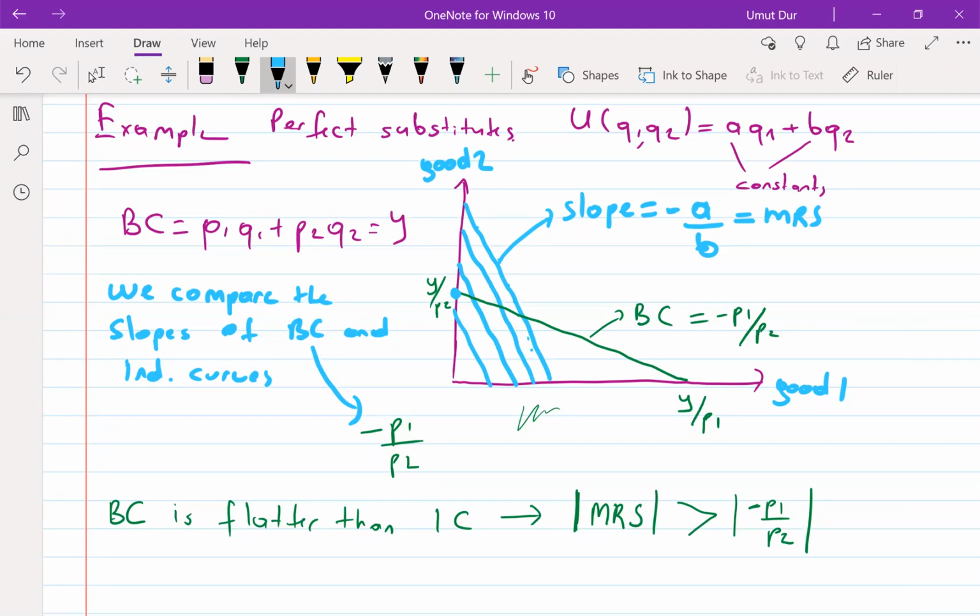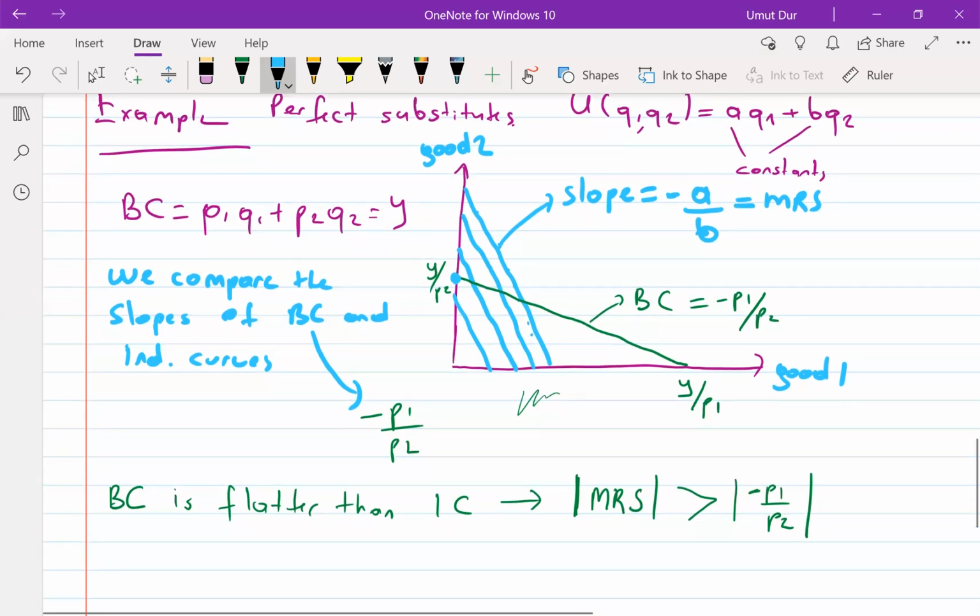Can spending all my income on good 2 be optimal according to this drawing? Let's think about it. In some cases it is possible, but let's think about this following case.